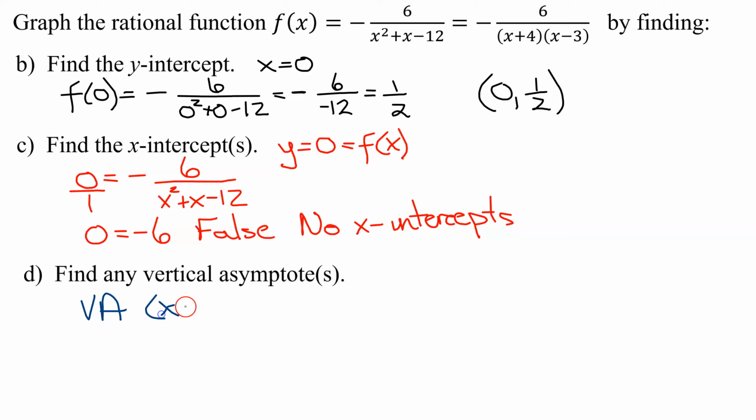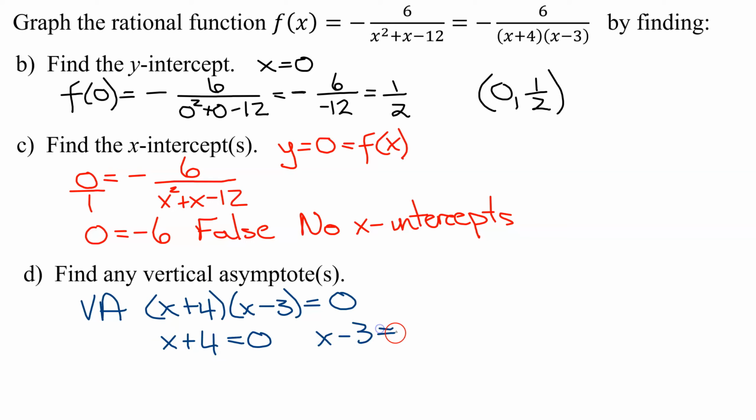So I'm glad we've already factored it. So I have x plus 4 times x minus 3 equals 0. Two things multiplied together equals 0. Using the 0 factor property, you have x plus 4 equals 0 and x minus 3 equals 0. From the first one, subtract 4 from both sides.